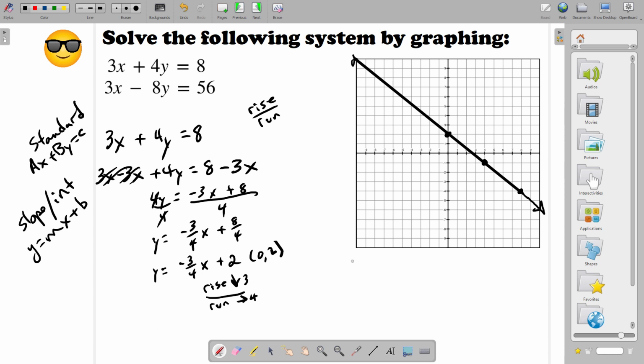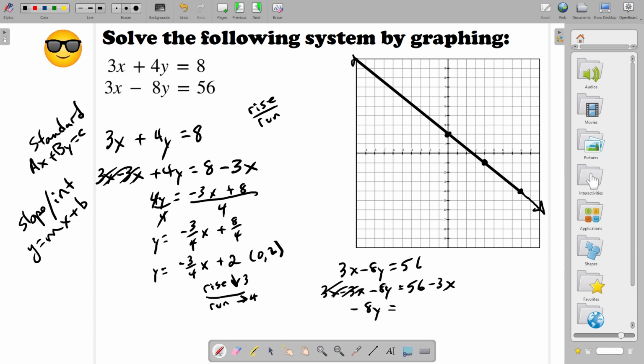Then we take our other line, the 3x minus 8y equals 56. And I'm going to get this in slope-intercept form, so I'm going to subtract 3x. And so the 3x's add out. I get negative 8y.